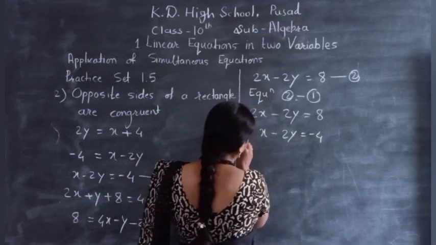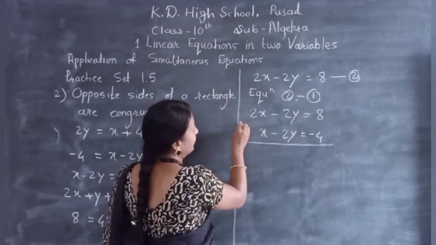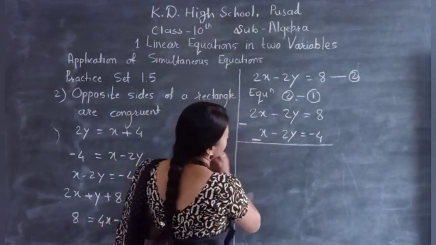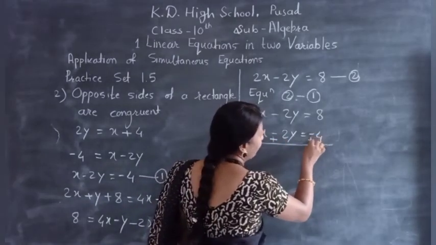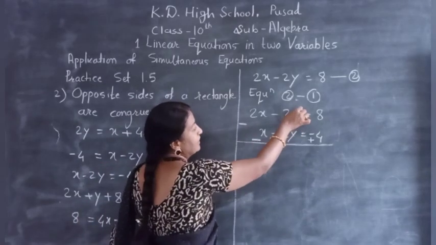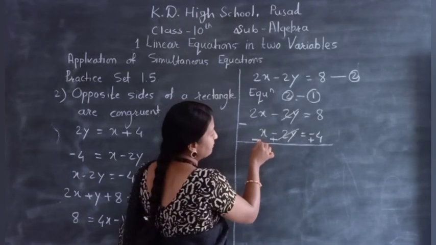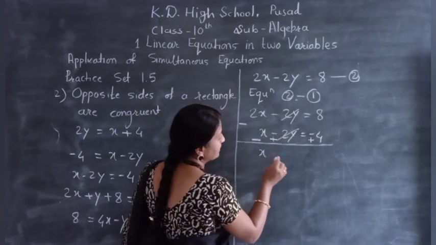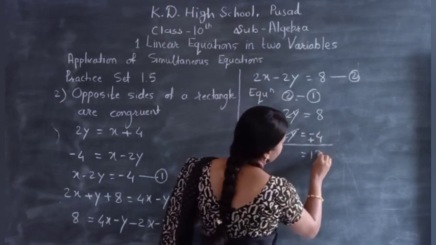Now in case of subtraction, the sign of the second equation changes here. So the sign of x becomes negative, the sign of 2y becomes positive, and the sign of this negative 4 becomes positive. Now cancel this negative 2y and positive 2y. What do we get? 2x minus x, that is x, is equal to 8 plus 4, that is 12.